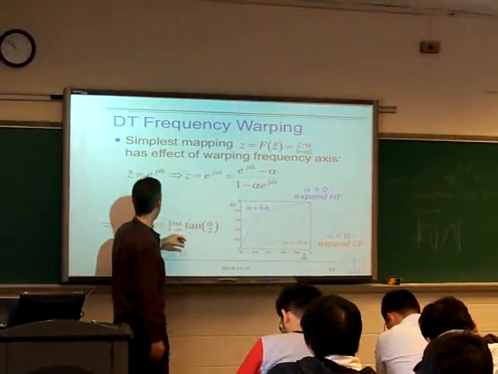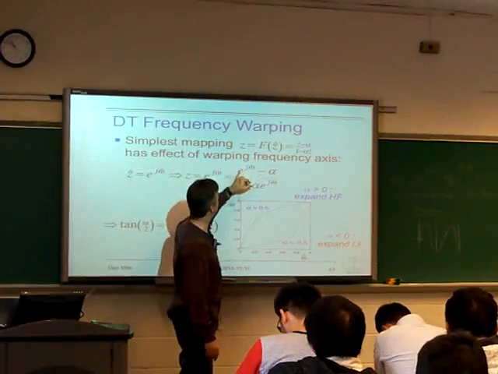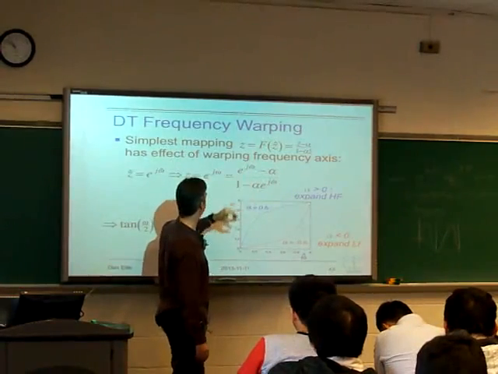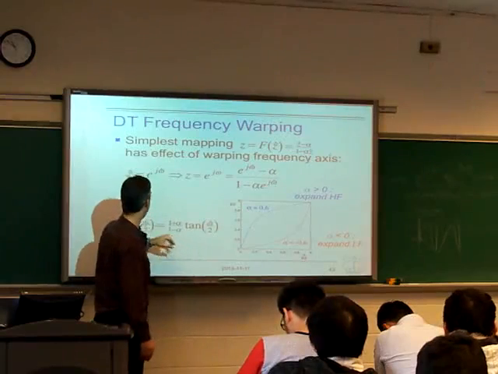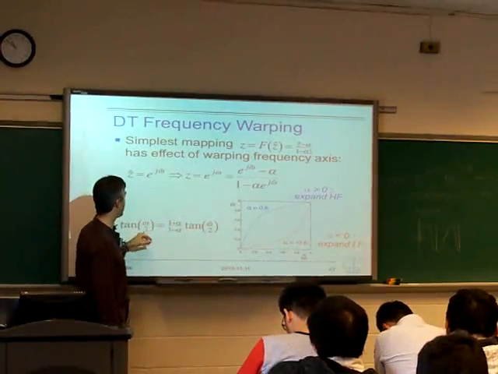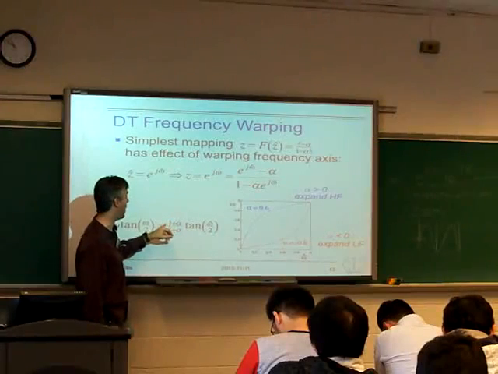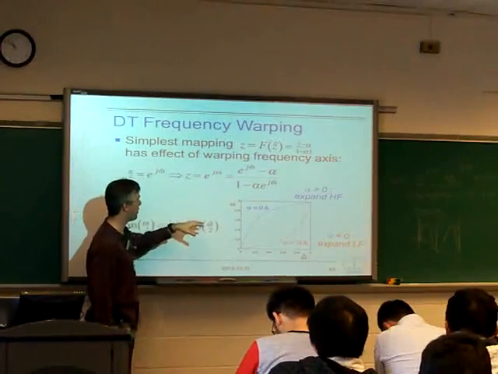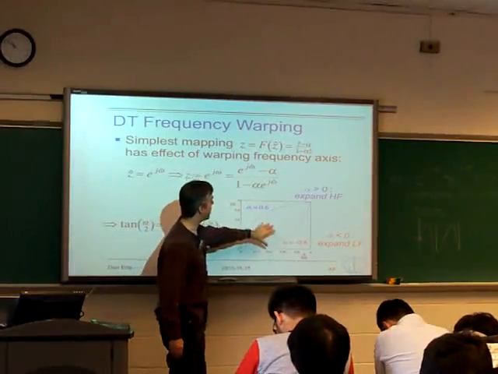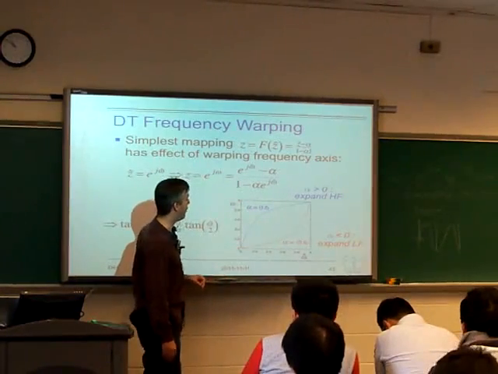It's going to have some particular phase, e to the j omega for some omega, and the relationship between omega and omega hat works out to be this. It's a relationship in the tangent domain, and then it depends on the alpha parameter here. So if alpha is 0, then it's a one-to-one mapping, because that's just a degenerate all-pass filter. But for other values of alpha, you get this sort of one-dimensional warping of the frequency axis.